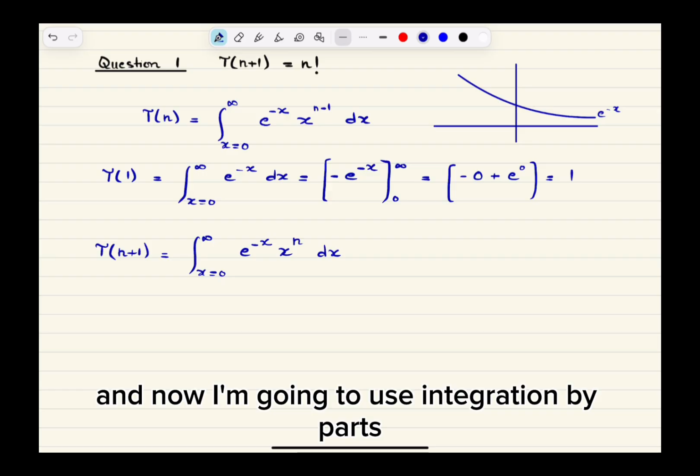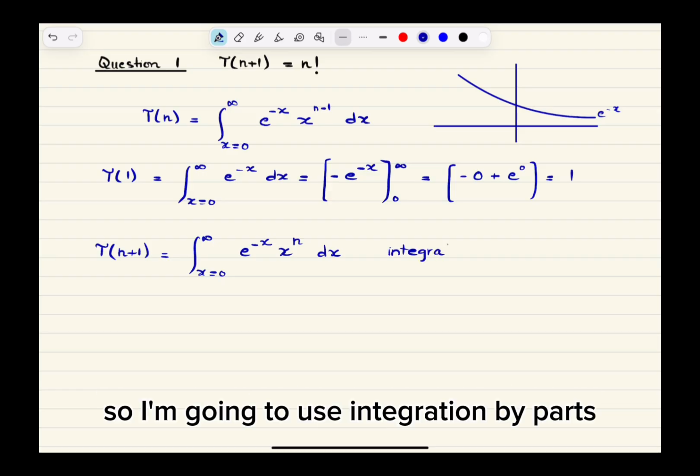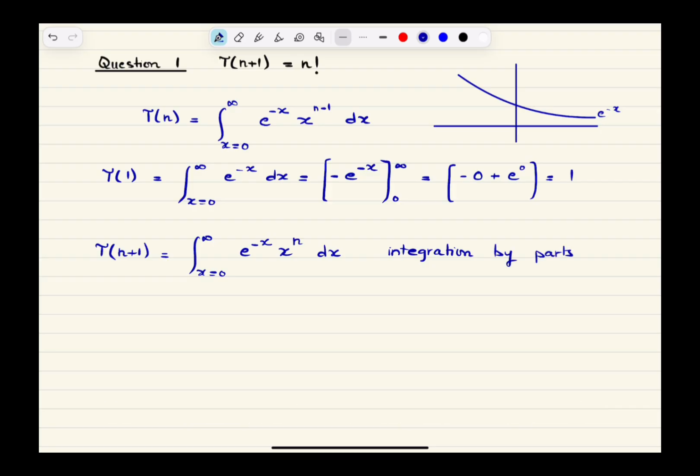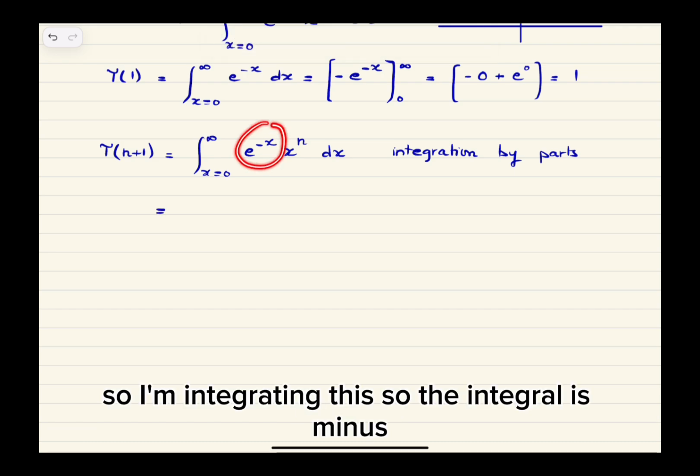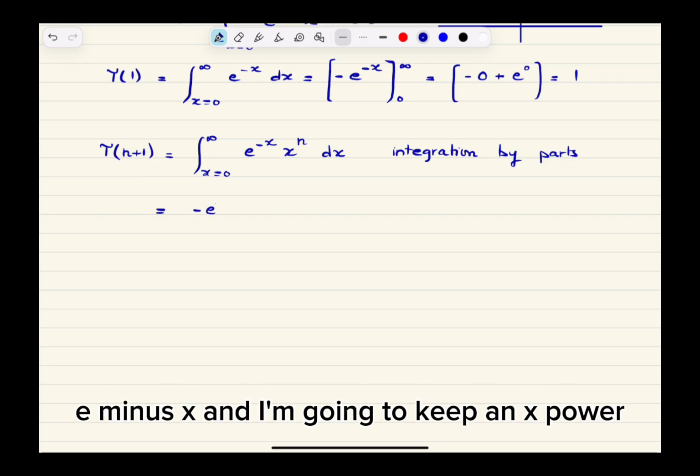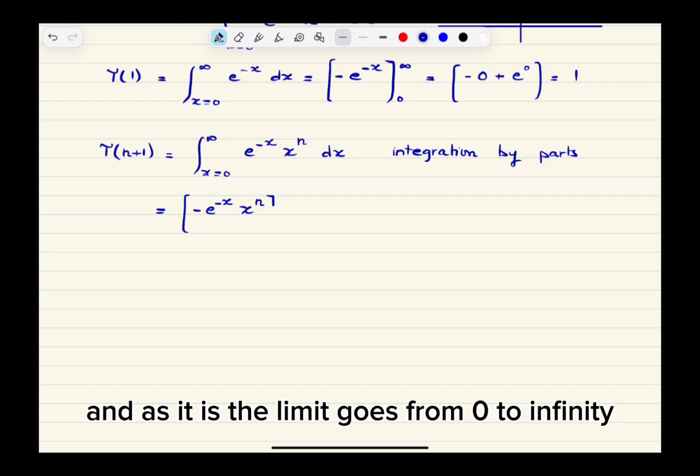And now I'm going to use integration by parts. Okay, so I'm integrating this. So the integral is minus e^(-x), and I'm going to keep x^n as it is. The limit goes from 0 to infinity.